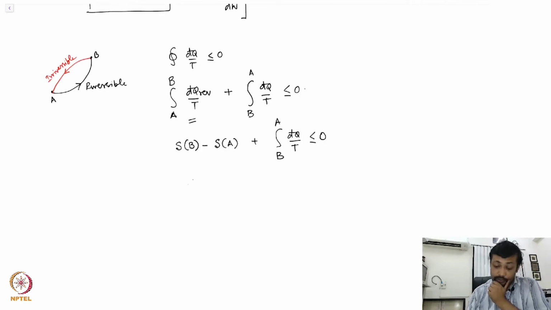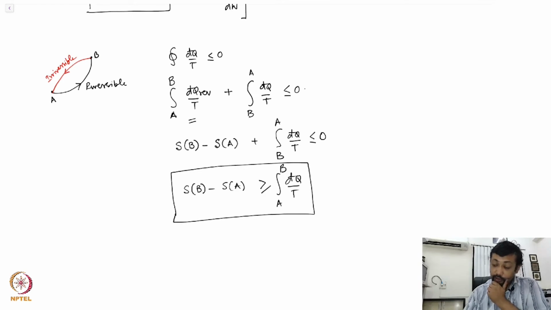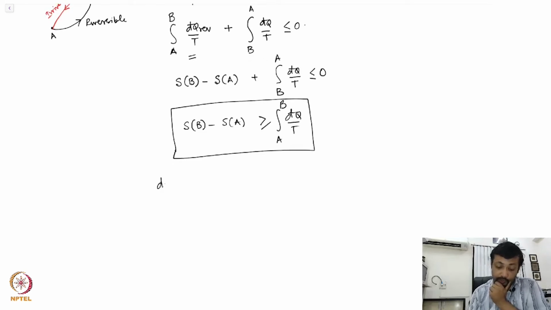So this follows, thus, SB minus SA is greater than or equal to the integral from A to B of d cut q over T. If I want to write this relation in differential form, I will write dS is greater than or equal to d cut q by T. Remember that this d cut q that you have written down is for irreversible processes.